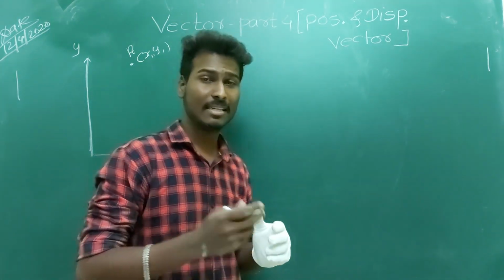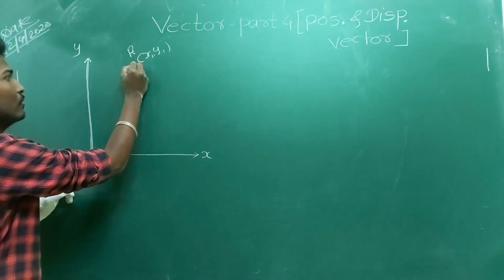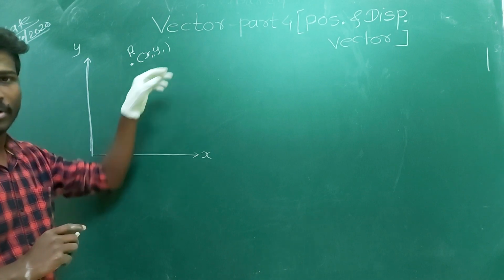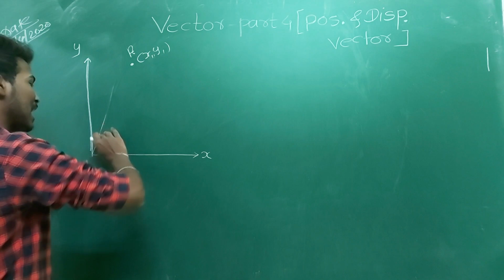So let's come to the next point, that is displacement vector. Let we have point A here with the coordinates x1, y1. So its position vector will be, let's say, r1 bar.